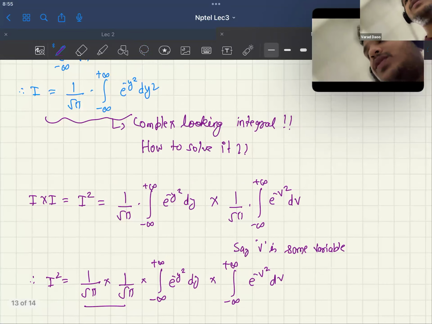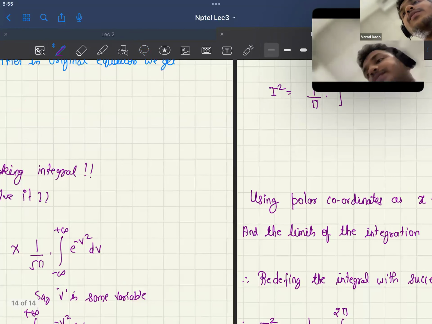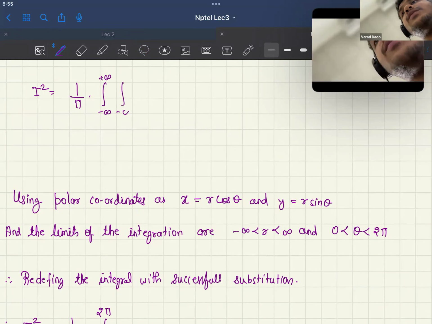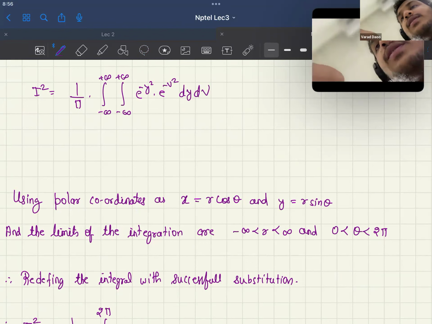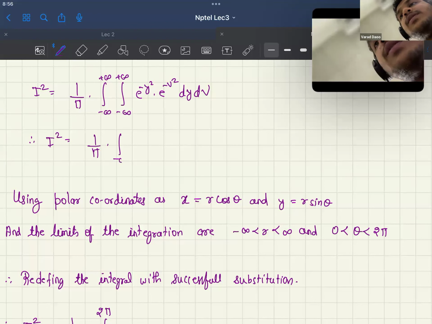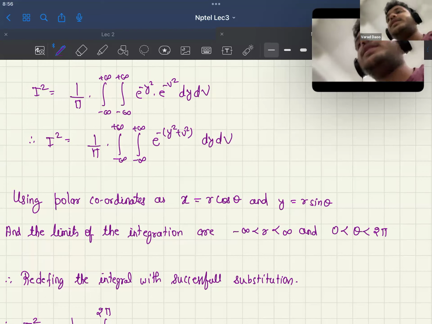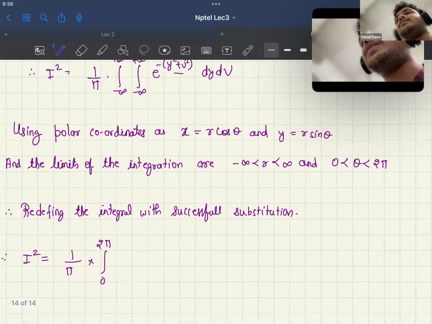This is nothing but the integral from minus infinity to plus infinity, minus infinity to plus infinity, e to the power minus y square, e to the power minus v square dy dv. Therefore, I square is 1 by pi, integral minus infinity to plus infinity, minus infinity to plus infinity, e to the power minus of y square plus v square dy dv. And now this we can replace with r, right?